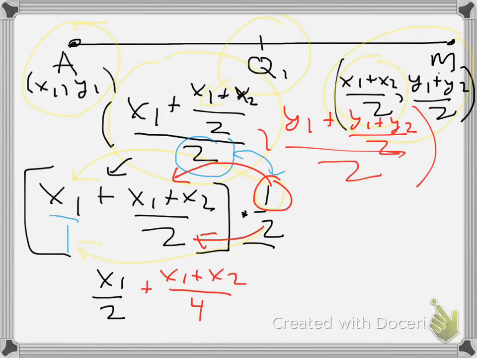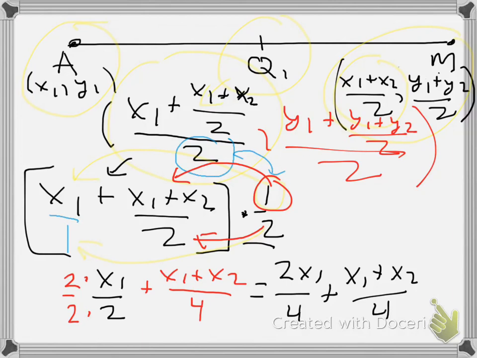And I'd like to add those together. The problem is I can't unless they have the same denominator. So why don't I multiply this times 2, and whatever you do to the bottom, you have to do to the top, times 2. And so you're going to get 2x1 over 4 plus x1 plus x2 over 4.